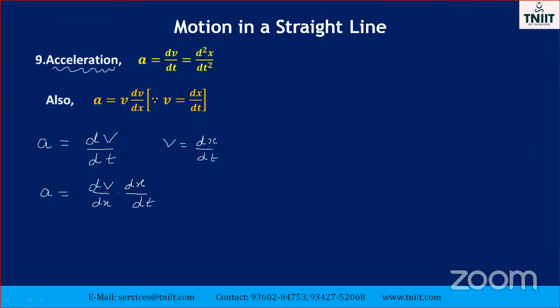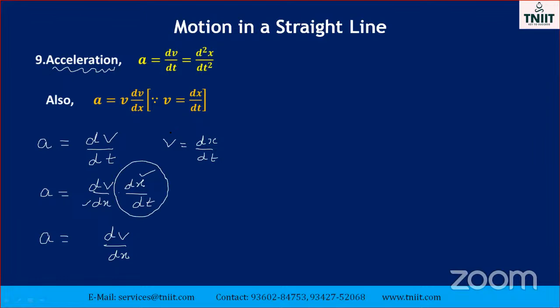What I'm doing here? I am just multiplying and dividing by dx for dv by dt. I keep dv by dx as it is, into dx by dt. What is this dx by dt?